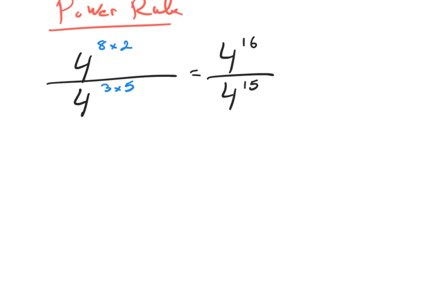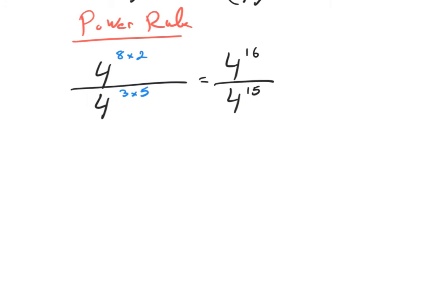Well, the next step, we're going to use the quotient rule. For the quotient rule, since we're dividing like bases, which is 4, the base for both the numerator and denominator is 4, so we're going to keep the same base and subtract the exponents.